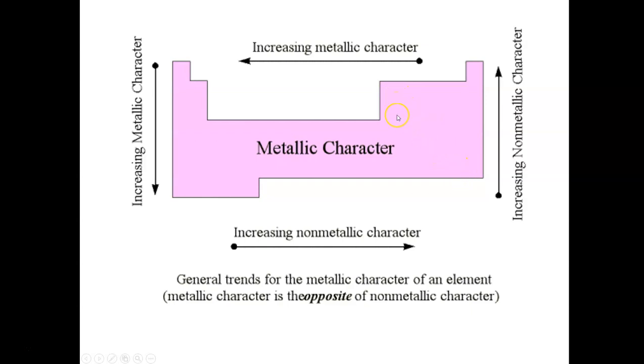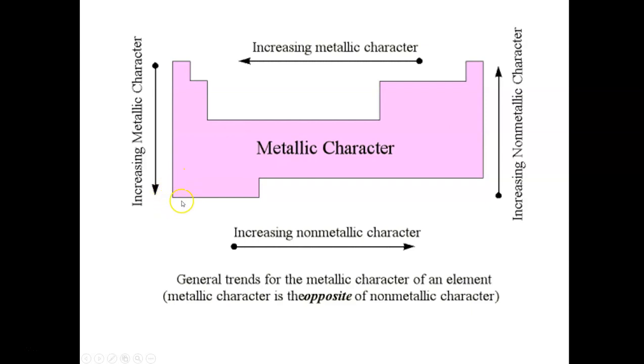And we said that basically everything to the left there was a metal, and everything to the right was a nonmetal, and there were a few metalloids along the edge there. But it isn't a perfect everything on the left exactly acts the same, and everything on the right exactly acts the same. Things become more metallic the further you go to the left and the further down you go.